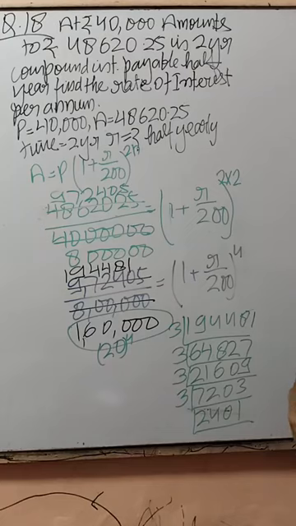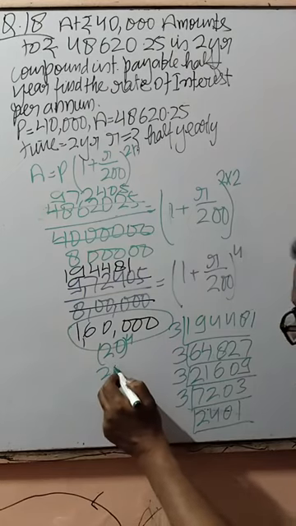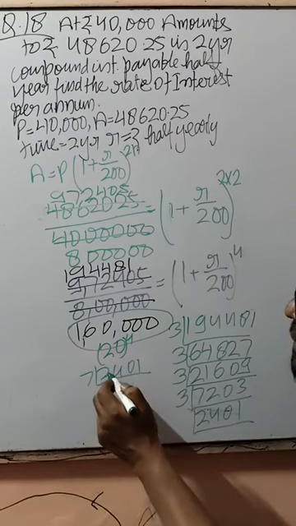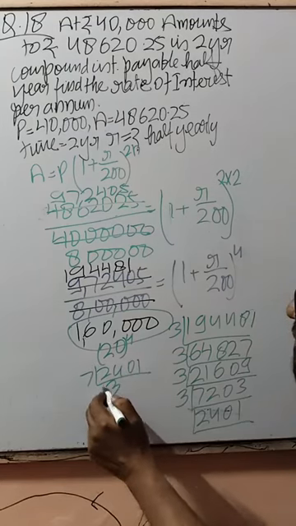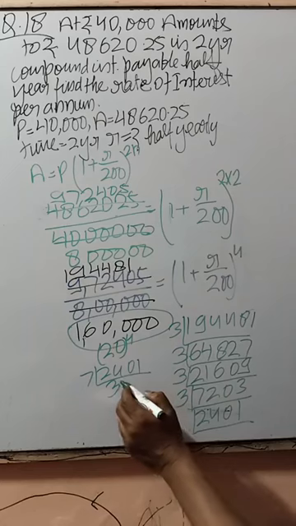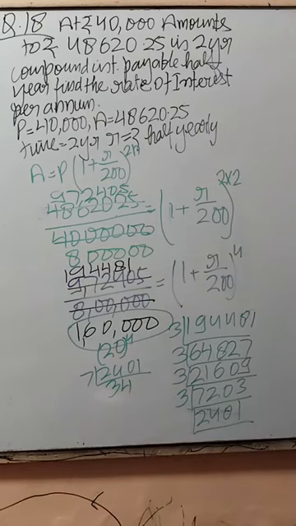Now 4 times 3 becomes 12. So 3 is 6480. Now 2401 divided by 7. 3 times 7 becomes 21. 4 times 7 becomes 28.